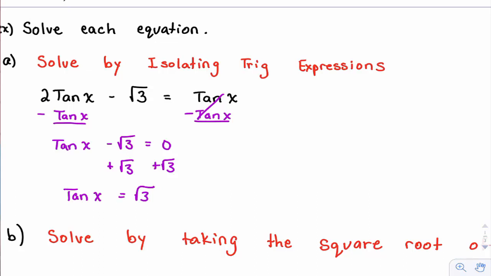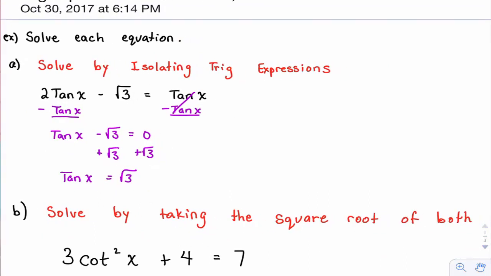Before I go through solving this and finding the angle, I want to give you a little tip for working with tangent functions on the unit circle. If you want to know this, go ahead and make a little note for yourself.